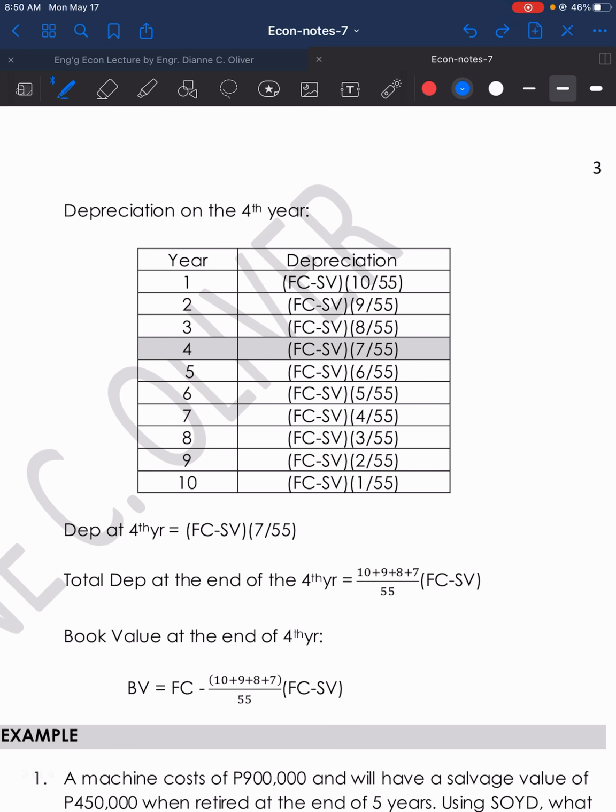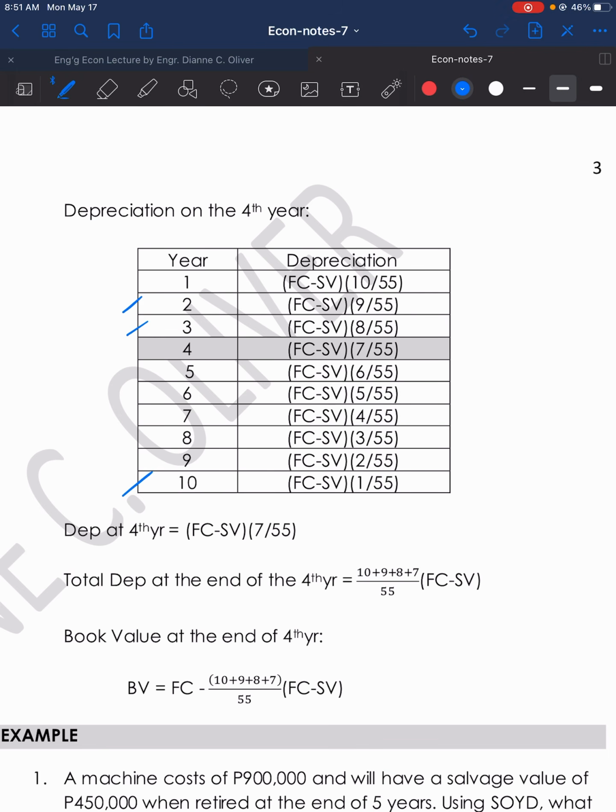Then, if we proceed to the second year, the number of life of the property is diminished by 1. So instead of 10, it becomes 9. Then in the third year, the number of years of the life of the property is diminished by 2 years, becomes 8, then divided by 55, and so on and so forth until it reaches the end of the life of the property of 10 years.